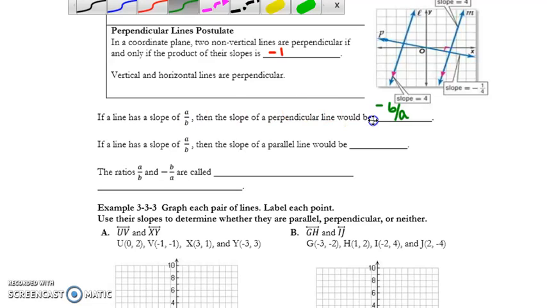Since this is positive, we make that one negative. Now, parallel, for this one, we just keep it the same. So it's just going to be the same, A over B. So these, A over B and negative B over A, those are again called opposite reciprocals, or perpendicular slopes, but opposite reciprocals.